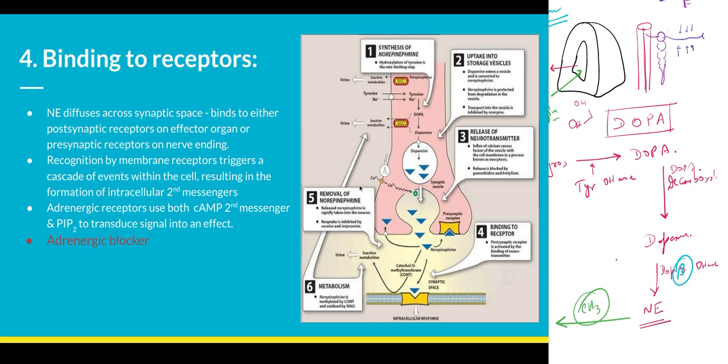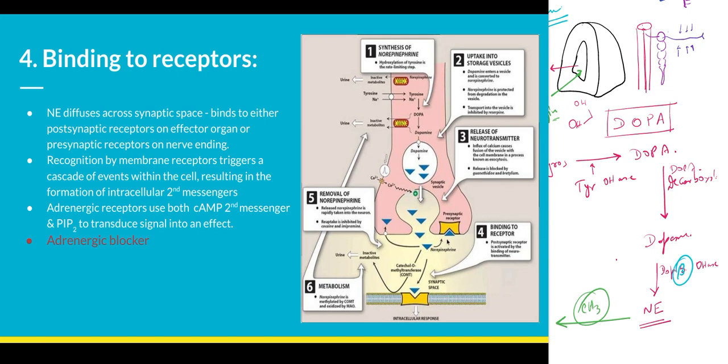And if you look at this picture, do you notice the way some of these drugs bind to the postsynaptic receptor, but some drugs are also binding to the presynaptic receptor as well. So in the presynaptic membrane also, norepinephrine's receptor is present.